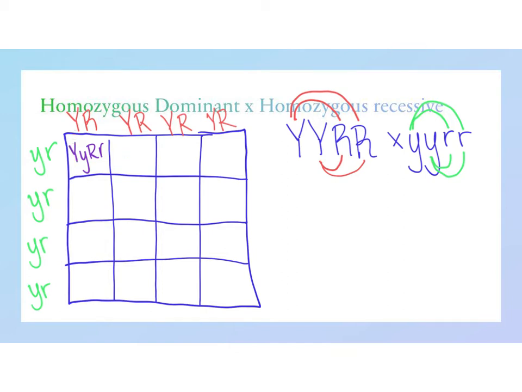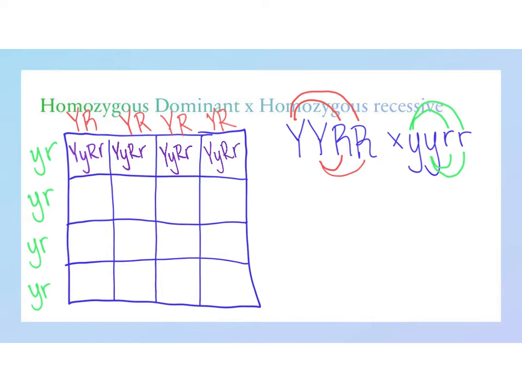Now I'm going to do this box. It'll be the combination of this set of alleles and this set of alleles. So I'm going to get capital Y, lowercase y, capital R, lowercase r. This box, capital Y, lowercase y, capital R, lowercase r.